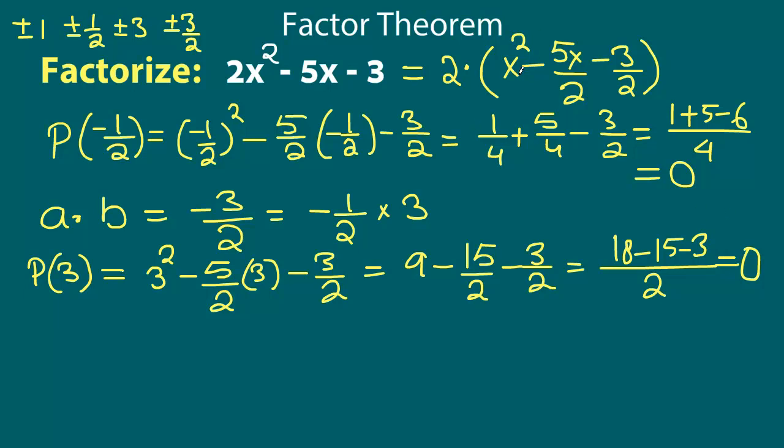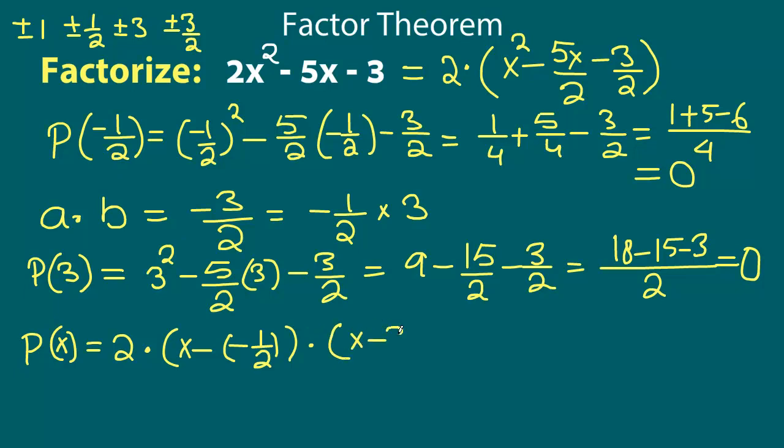So now the factors of this are these two. In other words, we can write our original polynomial as 2 times x minus 1 by 2, right? Because this is a factor, and then times x minus 3.